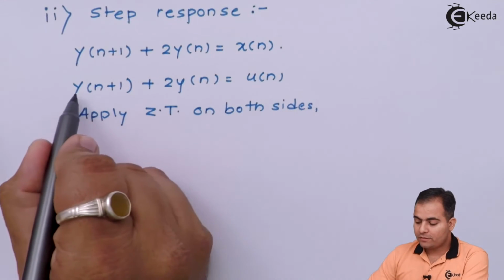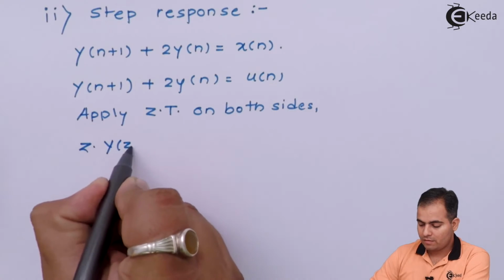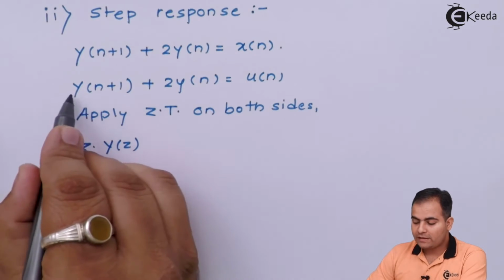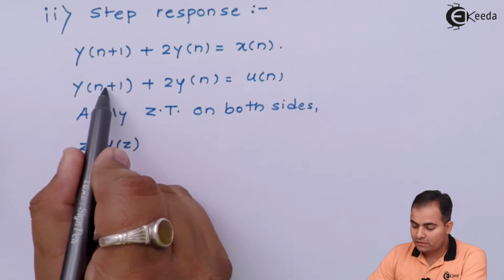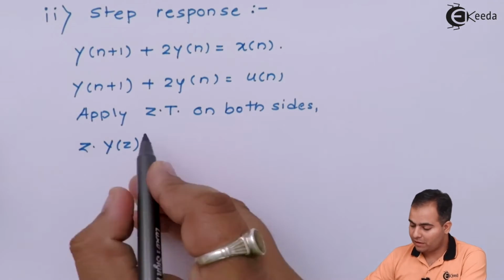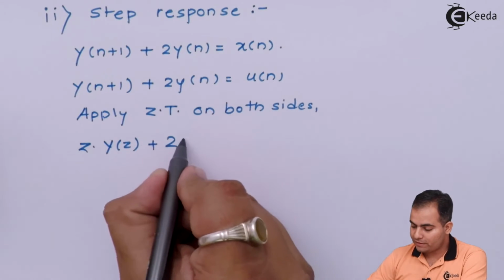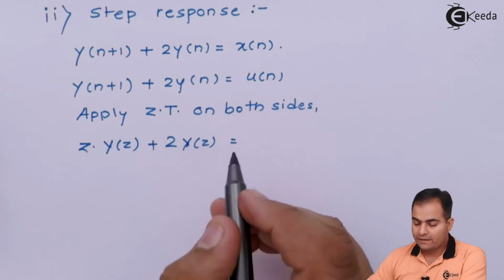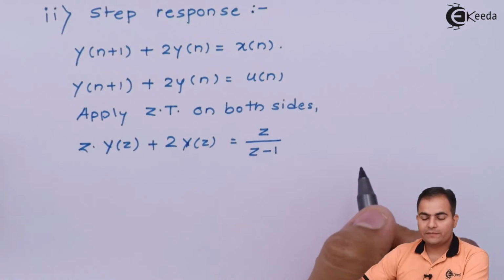So the z transform of y of n plus 1 is nothing but z into Y of z. That is, first of all we'll write the z transform of y of n, that is Y of z, and then I'm going to place this plus 1 value in the power of z, which is multiplied with Y of z. Now the next one, 2 is a constant, and the z transform of y of n is Y of z, and the z transform of u of n is z upon z minus 1.